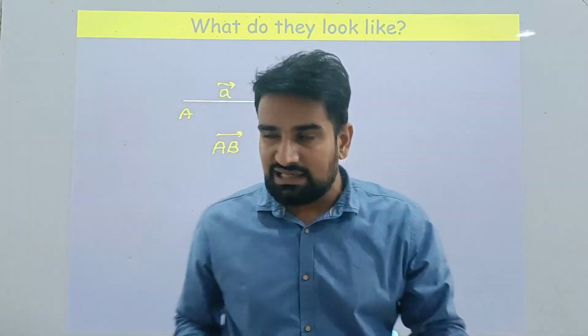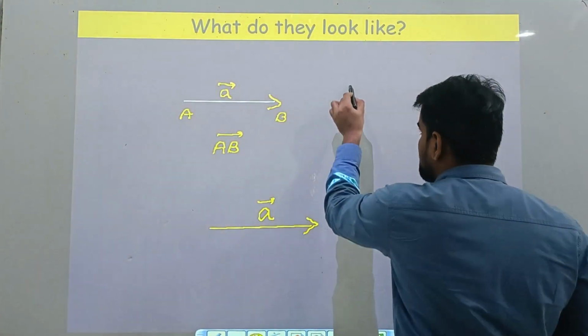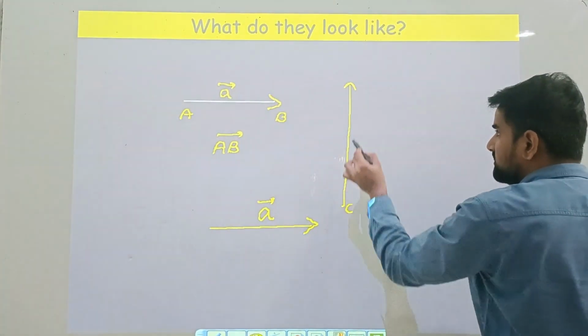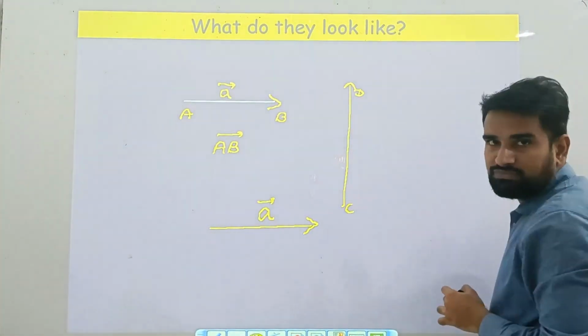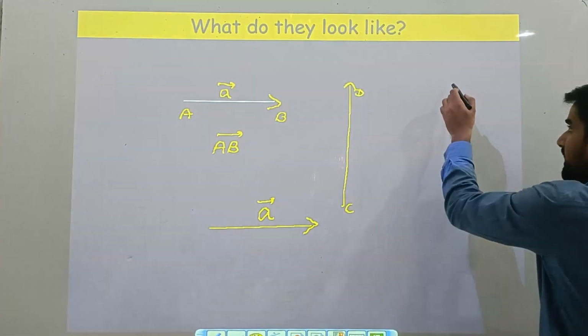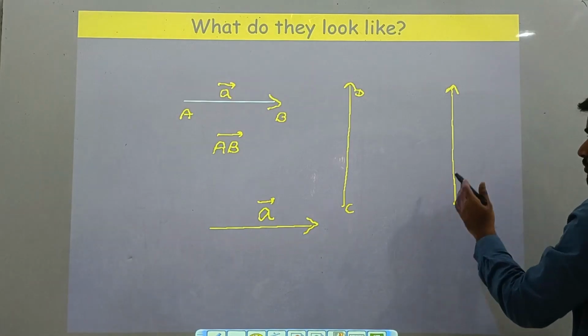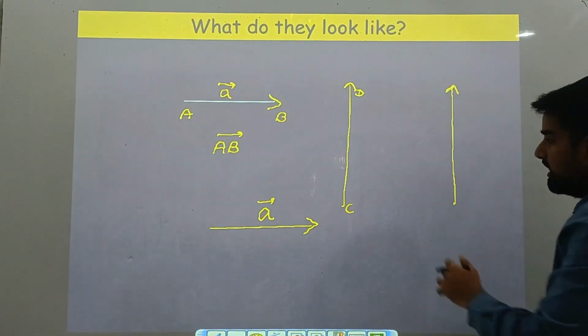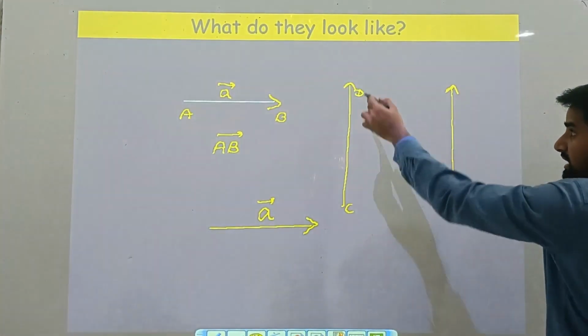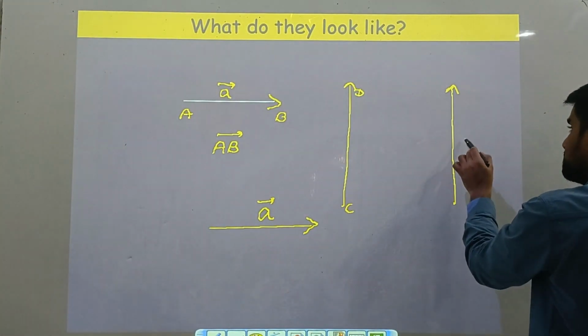If I say this is a vector in the upward direction, and this is the CD vector from C to D, and in the CD vector the direction is downward to upward, and I make another line here that is also downward to upward, they have the same magnitude and the same direction. That means this is also the CD vector.